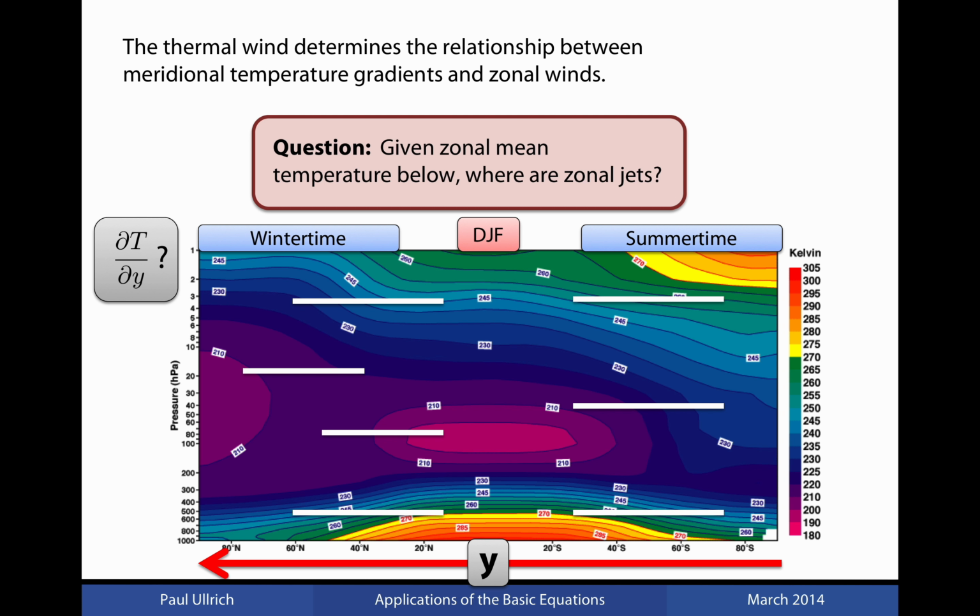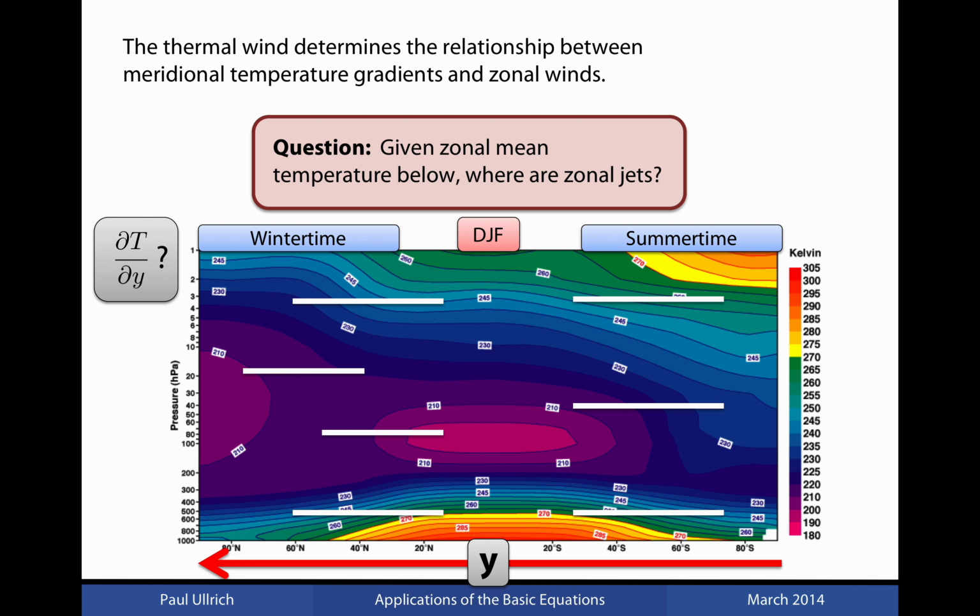stratospheric region. Note here that the latitude is shown from 90 degrees south on the right-hand side of this diagram to 90 degrees north on the left-hand side of the diagram. The small white box in the bottom right-hand corner indicates the position of Antarctica. So in order to understand how zonal wind speeds behave in this cross-section, we're interested in examining the meridional derivative of the temperature field.